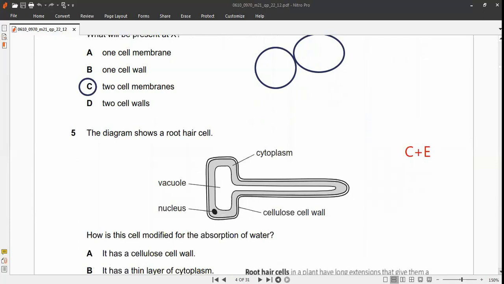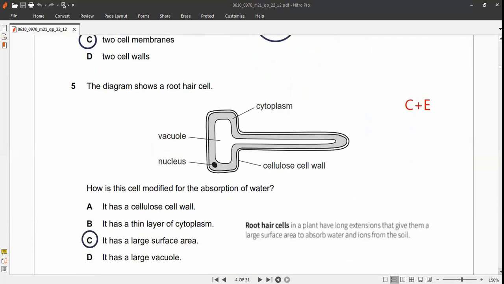Number 5. The diagram shows a root hair cell. How is this cell modified for the absorption of water? It has a cellulose cell wall. It has a thin layer of cytoplasm. It has a large surface area. It has a large vacuole. So the question is, how is this cell modified for the absorption of water?